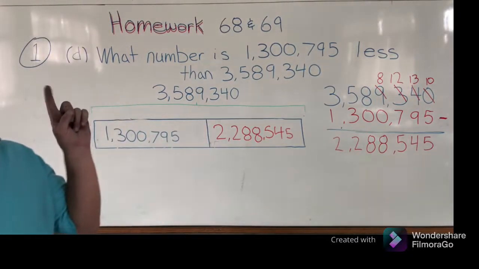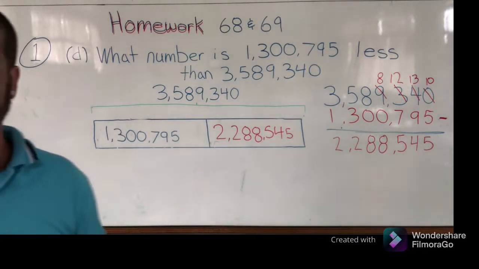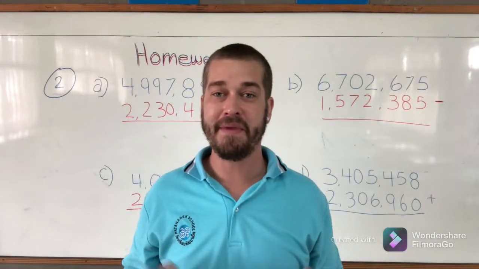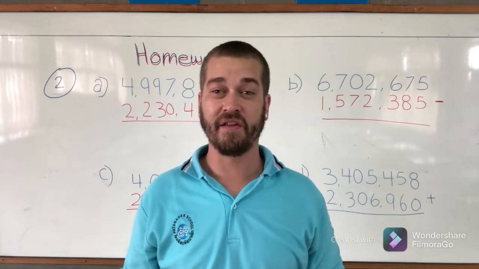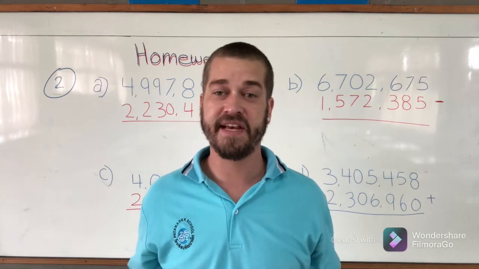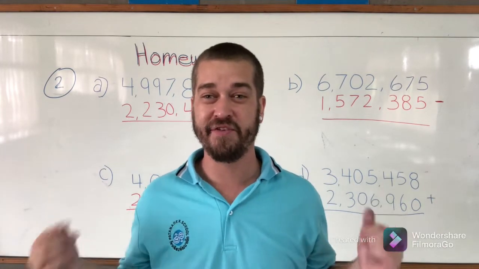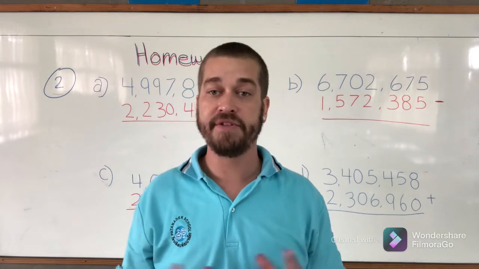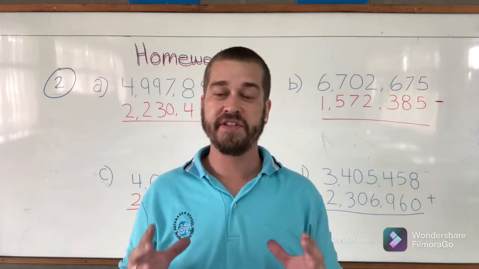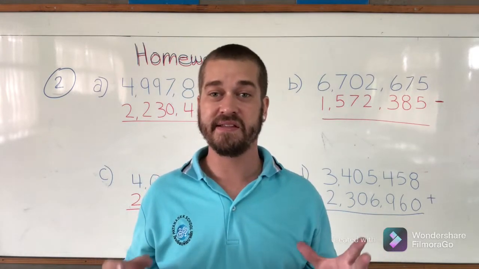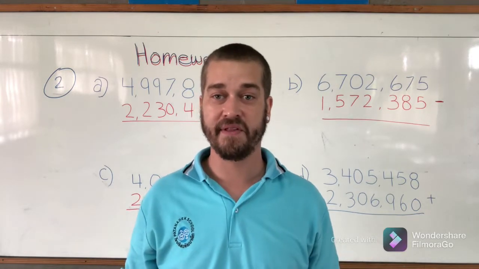This is number 1D. All right, guys, you might notice that me explaining this homework is taking a long time. It actually might take 2 videos just to get through these 2 pages. But the reason I'm doing that is because you're going to be using things like this all the time for the rest of your life.